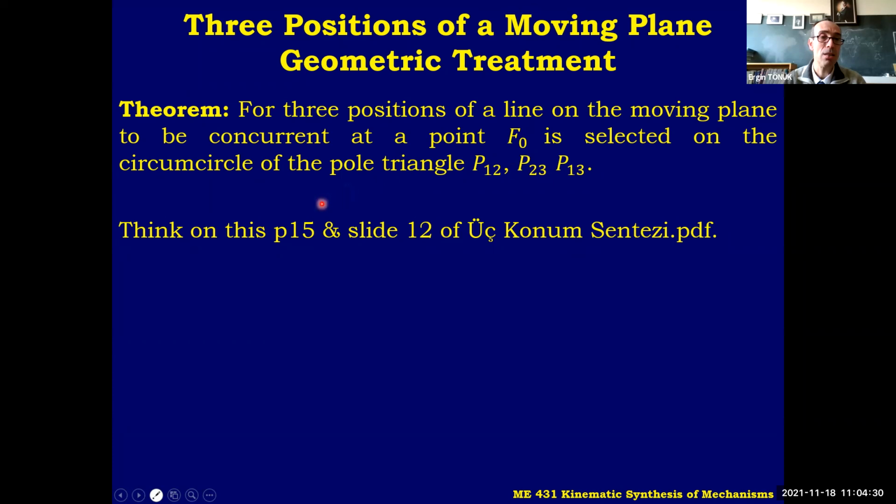So just think this based on this slide, and actually, well, what was this? I'll just figure it out and tell you, but let me explain what this is with a figure first.